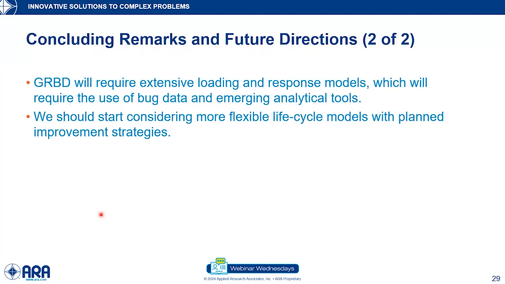So a physics-based AI approach, that's something that we are considering now, is very critical because with these approaches, you can run a couple of detailed scenario analyses and then try to extrapolate following the physical procedures. And that's why I re-emphasize it's physics-based machine learning or AI application where you can build your forecasts in a more accurate way. And we should finally consider more flexible life cycle models with planned improvement strategies.